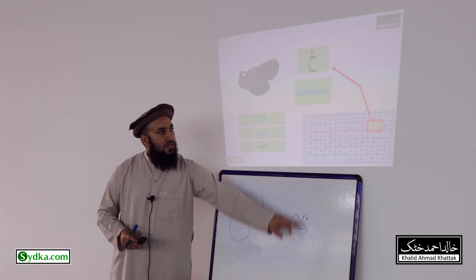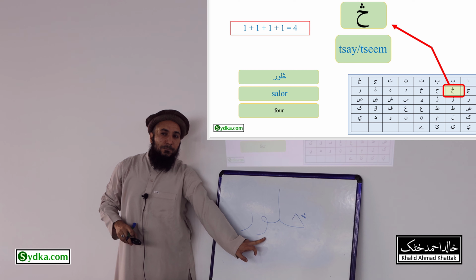Say, lam, and re. Salor. Is this a connector or non-connector? Non-connector. Don't say it, just raise your hand. Yes, it's a connector. Why is it connector? Yeah, but it's not both sides.